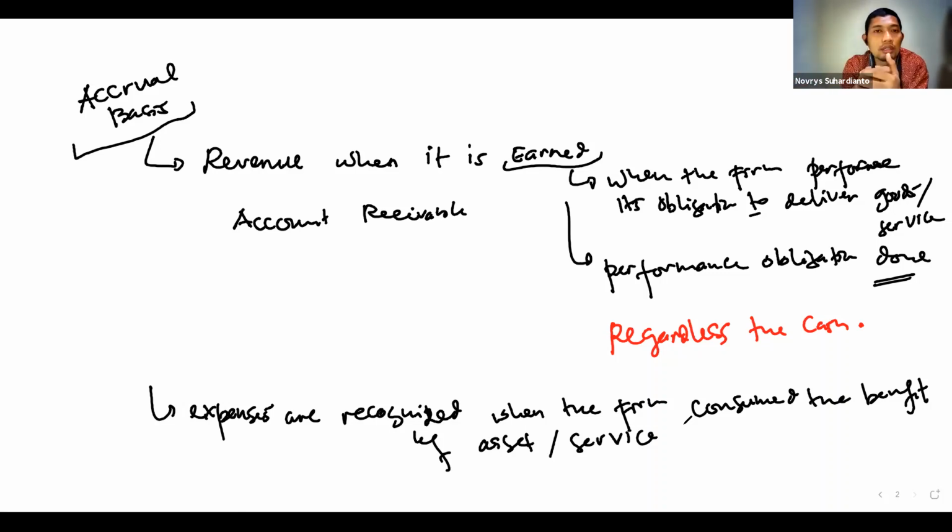So when the company consumes service from its employee, the company should record salary expense for the employee, regardless of the cash. You can pay the cash later, but once you consume that service, you have to record the expense.